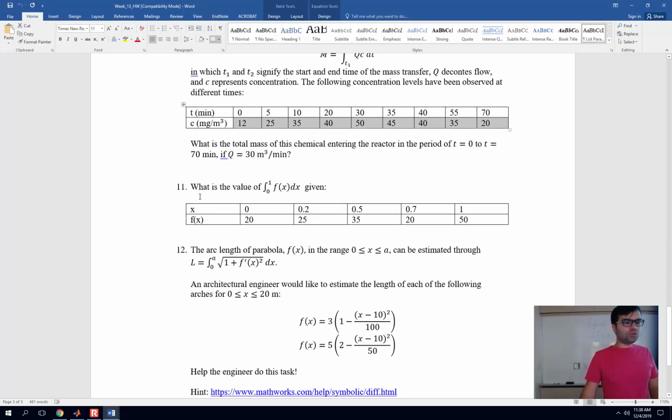What if you want to do question number 11? How do we do this? What is the value of this integral, f of x dx between 0 and 1?